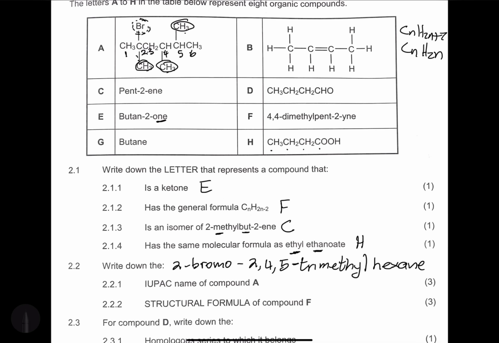Okay, one word. Right, the next one says, write down the structural formula of compound F. When you draw the structural formula, please always start at the end, right? For my parent chain, I've got pent, which means I've got 5 carbons. And at carbon number 2, I've got a triple bond.